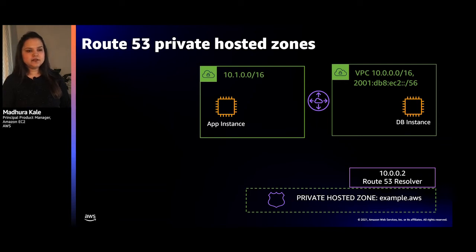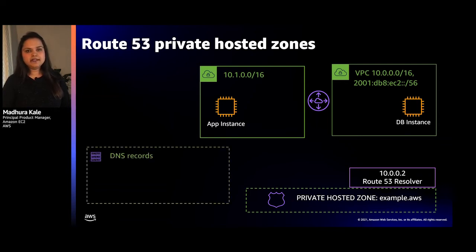The basics of hosted zones include having these DNS records. Over here, I have the domain example.aws and a subdomain where I have a database server reachable at db.example.aws. What simply happens is an application instance in one VPC will query the resolver for db.example.aws.